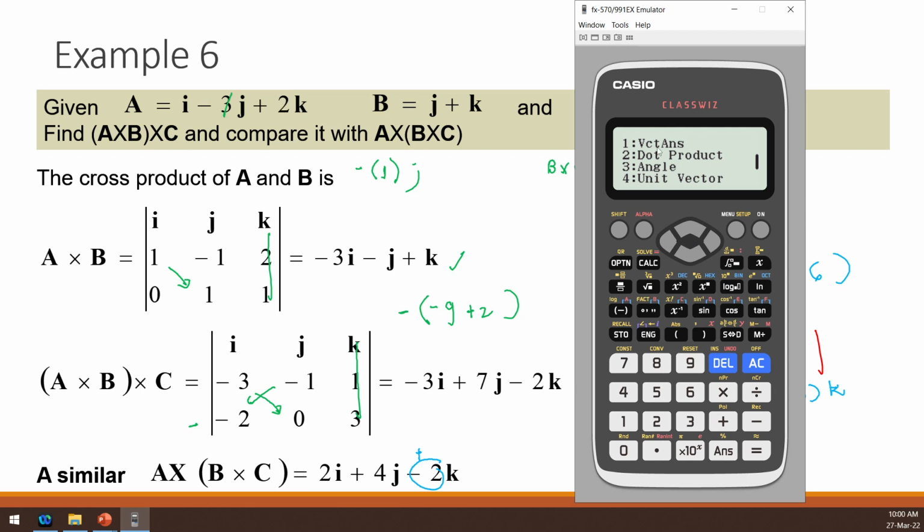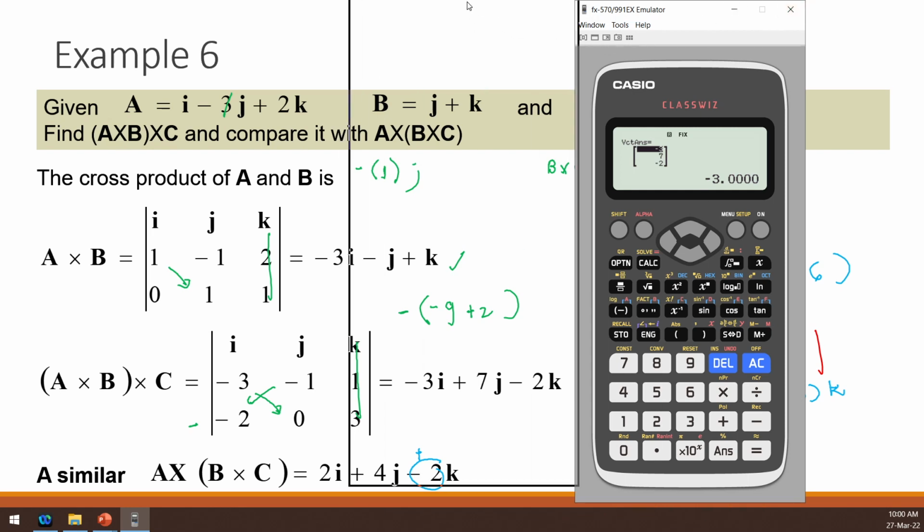Never mind. If I clear, I just call back vector answer 1 cross. The option vector C is number 5. So I get negative 3I, 7J, negative 2K. So this part is correct.